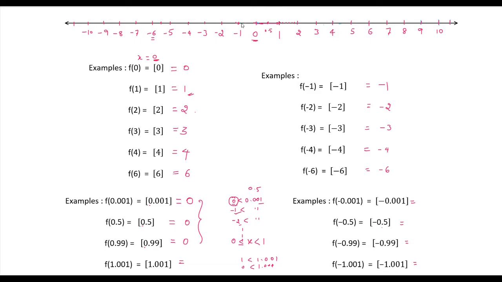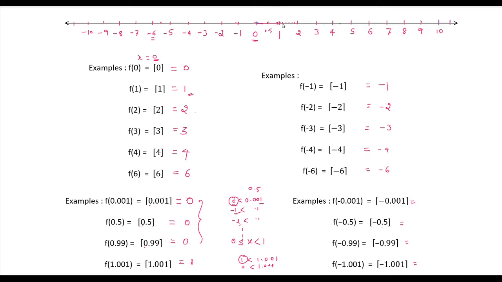We are not considering the real values in between. So which is the greatest integer less than 1.001? Integers less than 1.001 are 1, 0, minus 1 and so on. But out of these, 1 is the greatest. So our function assumes this value.